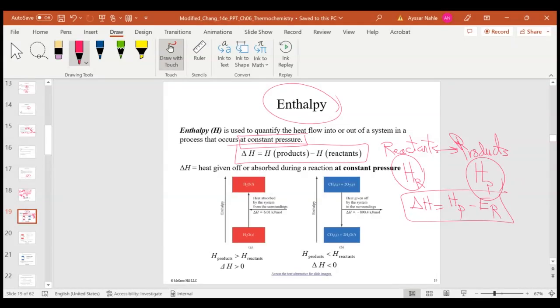Now let's have a look here. Going back to the same thing, you have a piece of ice here, okay? This is a piece of ice, solid water. Look at the energy going up. If I change it into liquid, solid to liquid, I have to give it some energy. The energy I give it means it is an endothermic reaction.